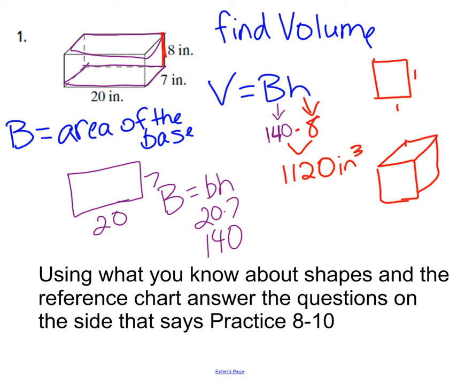So there are tiny cubes that are 1 by 1 by 1. So how many of these tiny little 1 by 1 by 1 cubes would it take to fill up this entire box? 1,120 of them. Okay? So that is why we refer to volume as the amount of stuff inside the thing. Okay? That's your formal definition.